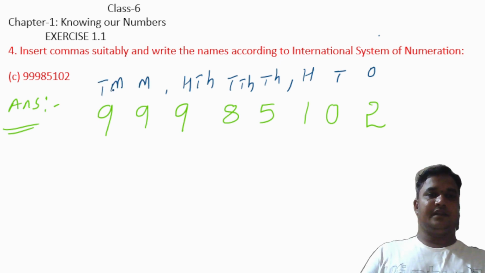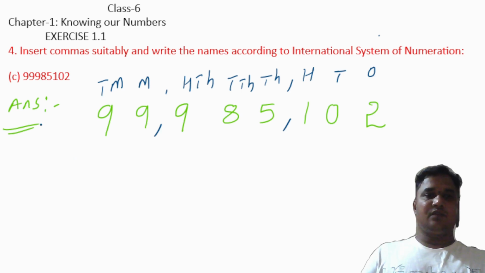Then it will be continued: million, 10 million, 100 million, again a comma, then billion. As we know, after every 3 digits we have to place the commas. So I will place the commas according to the international system. 102, I will place it here after 3 digits of the unit place, and then the thousand place 3 digits, that is 985. Then I will keep it as it is here: million and 10 million.